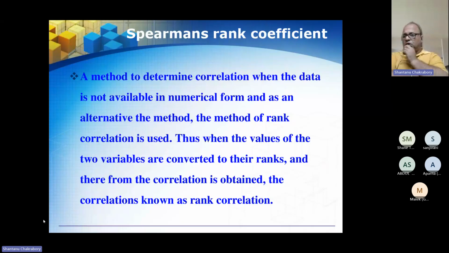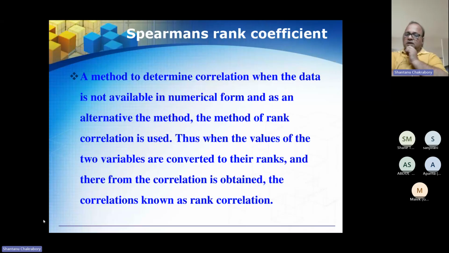Then the second very important correlation that we use is the Spearman rank correlation. So one, we have the Karl Pearson correlation coefficient R, and the second one is the Spearman rank correlation. How is Spearman correlation different from Karl Pearson correlation? This is a method which determines the correlation when the data is not available in numerical form.